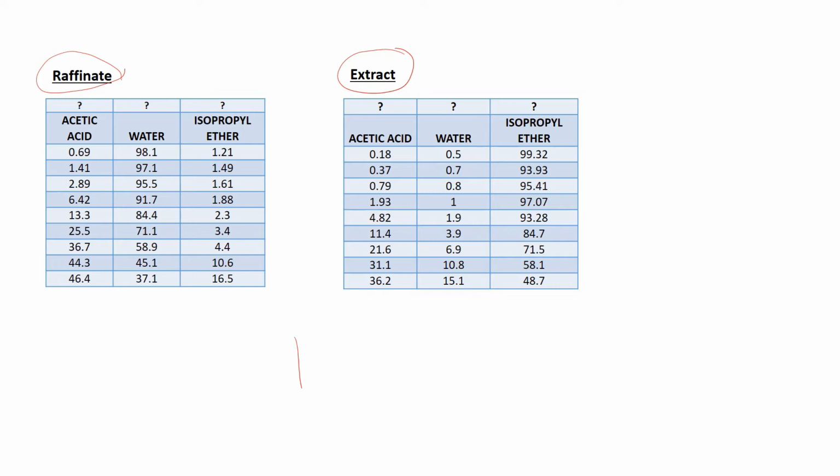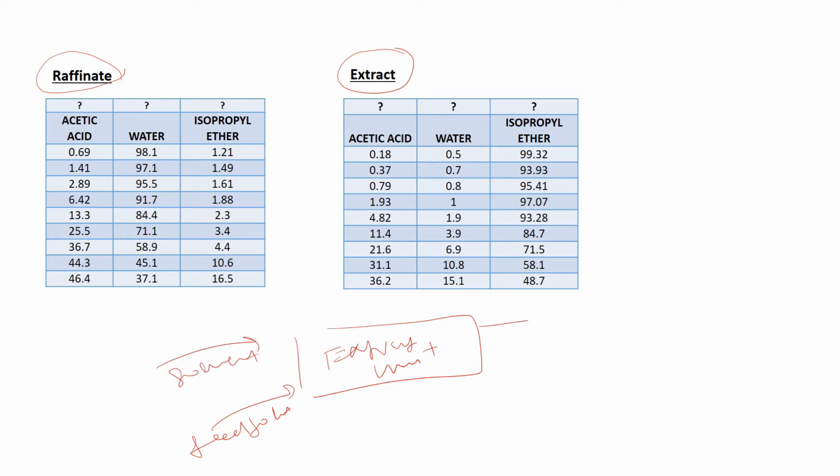If you want to make it like a flow diagram, we can say this is your extraction unit, feed solution, solvent, and here, let's just assume this is your solvent phase. At the end of your experiment, you will have 2 clear separations.